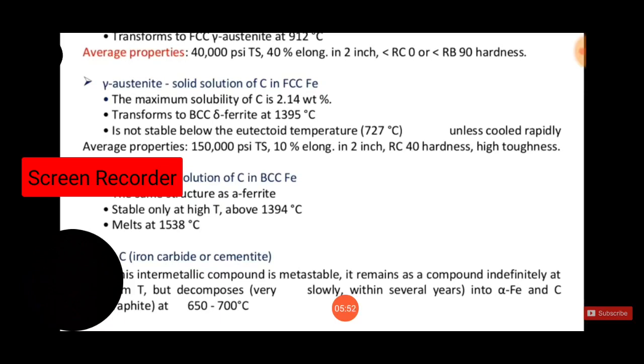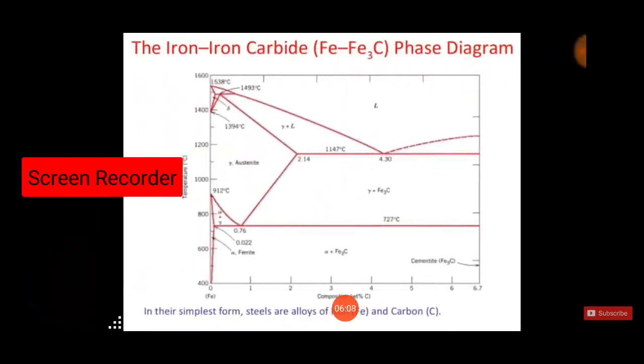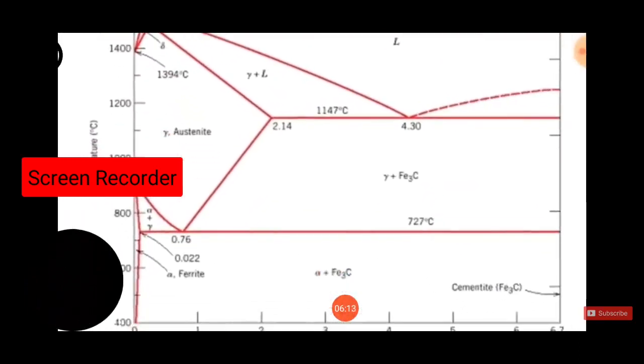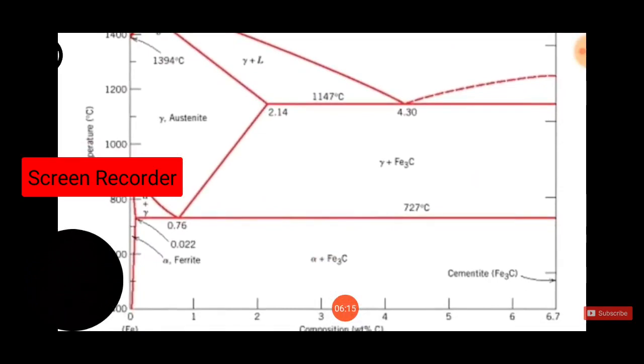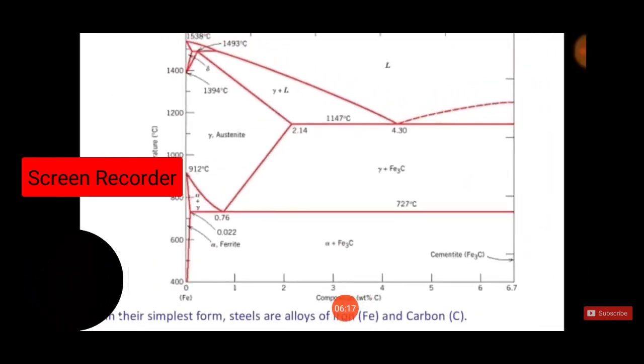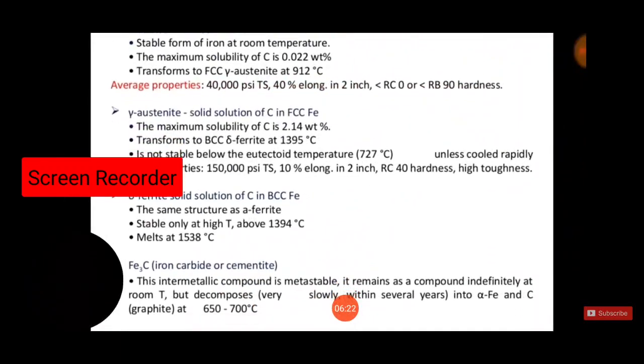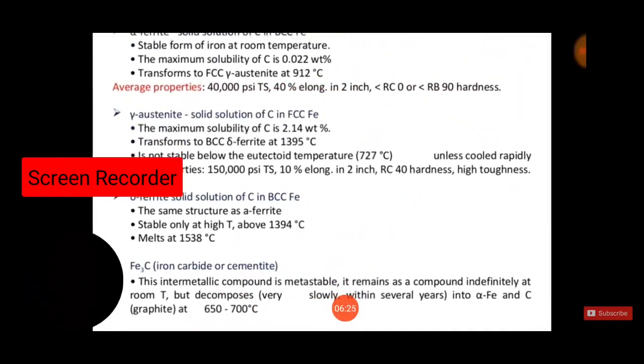It remains as a compound indefinitely at room temperature but decomposes very slowly within several years into alpha iron and carbon in the form of graphite at 650 to 700 degrees Celsius, as we see in this diagram. It decomposes.